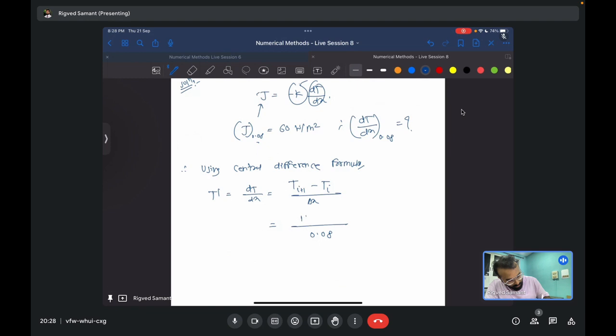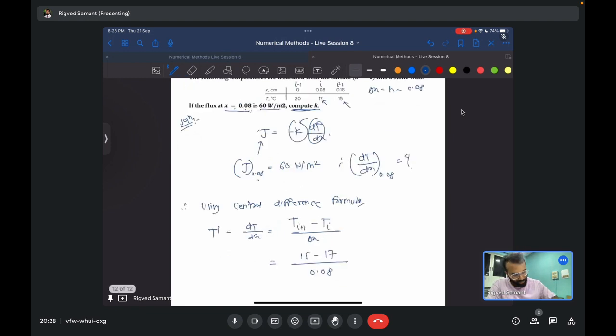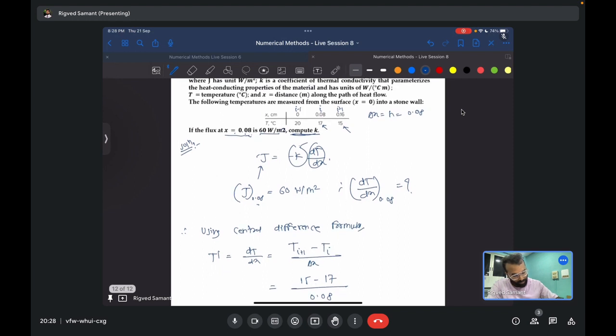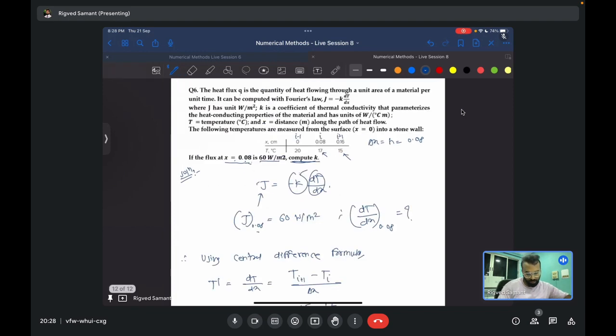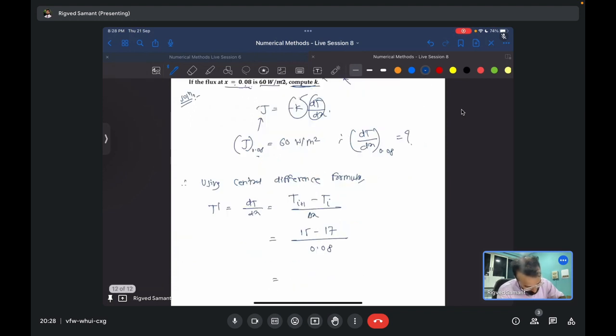So 15 minus 70, right? So what is the value? 15 minus 17 divided by 0.08. But if you see, you can't use 0.08 directly, right? This is in centimeter and these all are in meters.